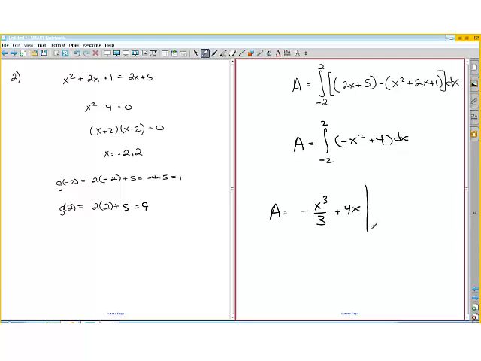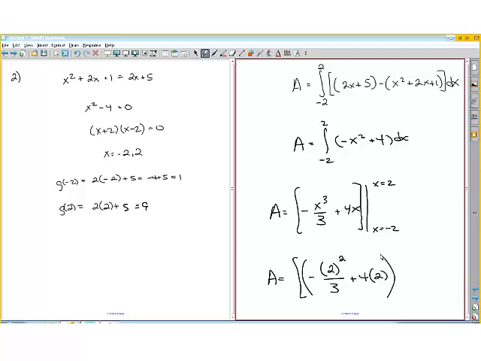We evaluate that integration because it's a definite integral. We integrate with the limits from negative 2 to positive 2. So we'll plug the numbers in. The upper limit is 2, so we have negative 2 cubed over 3, let me put this in parentheses, plus 4 times the upper limit.